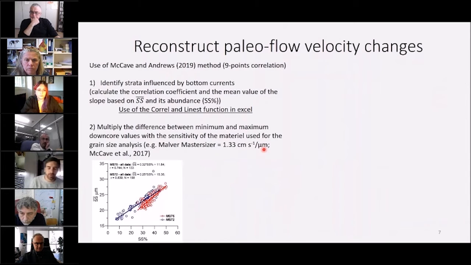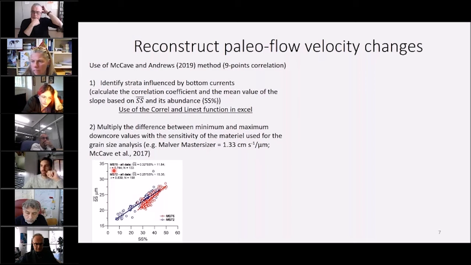And so after identifying the different sediments which have been reworked by bottom currents, we try to reconstruct the flow velocity. To do that, we used a method by McCave and Andrews, which is a linear regression analysis. For example, here we have a scatter plot of the two cores: MS75, the shallowest core, in red, and in blue the deepest core, where we have this correlation coefficient.